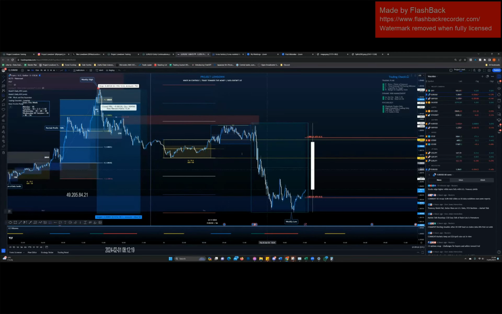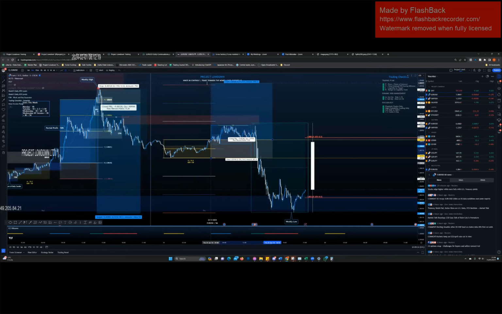So transparency, I was in this trade as a hedge in case this ballooned to the moon. Once it started messing around here, I lost faith in this, so I went to break even, and I was just like, if it takes me out, it takes me out. I'm not going to get back in.